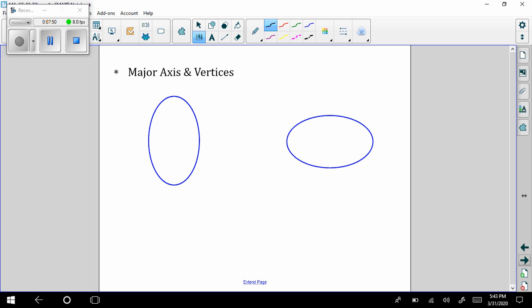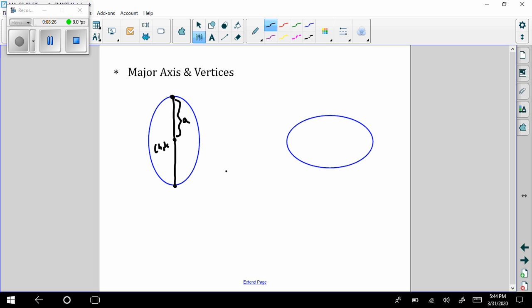All right, so major axes and its vertices or its endpoints. All right, so here is my vertical ellipse. So remember that largest term would be sitting under the y minus k. So here's my center at HK. These are my vertices. Where does that major axis meet the ellipse? This is my A value right here, or down below.